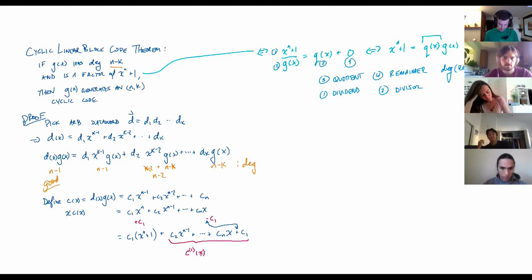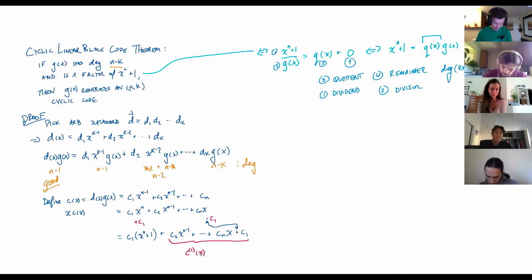Now what we need to do is show that this C1 is also the target of a different data word, right? Because if we can do that, then we will know that the code encoding is a cyclic encoding, because it means that if C of x is a code word, then C1 of x is a code word. And we can wash, rinse, repeat to say if C1 of x is a code word, then C2 of x will be a code word.